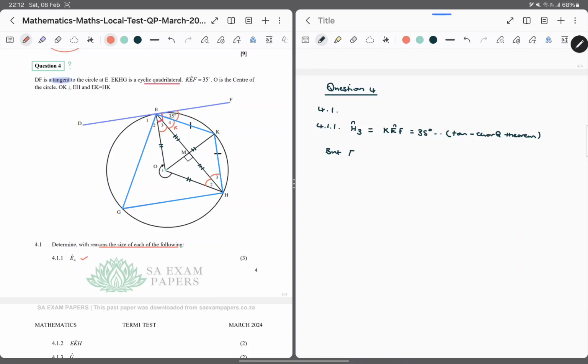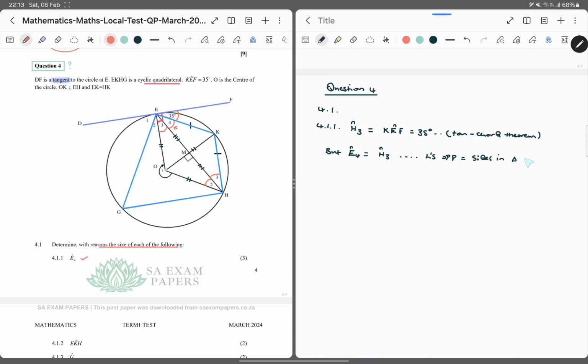We know that angle E4 is essentially angle H3. What is this? These are angles opposite equal sides.